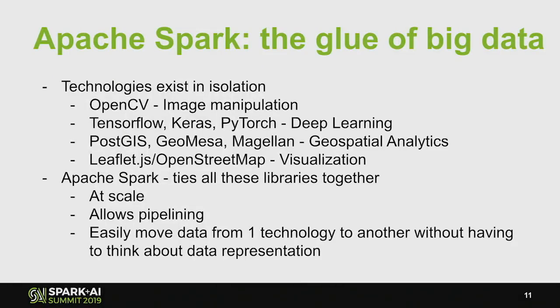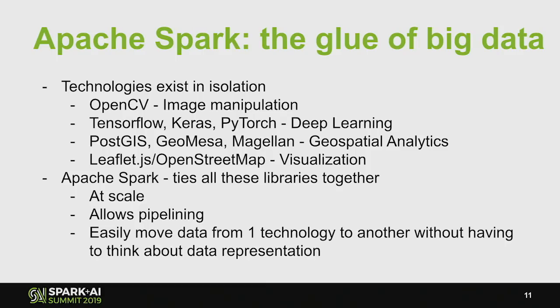So we've spoken a lot about the challenges we will face. And then the next thing is, how can Spark address those challenges? So we see Spark as the glue of big data technologies that exist in isolation. So addressing the third point in the previous slide, we have, say, OpenCV for your image manipulation. For deep learning, we leverage the popular packages like TensorFlow, Keras, PyTorch.